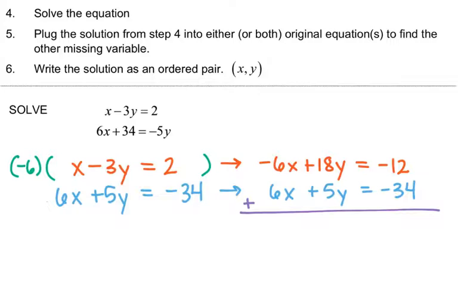So adding these together, negative 6x plus 6x, that gives me 0x. You'll see that's going to cancel. 18 plus 5, I have plus 23y, and negative 12 plus negative 34 gives me negative 46.